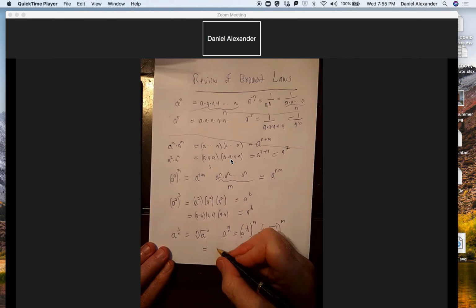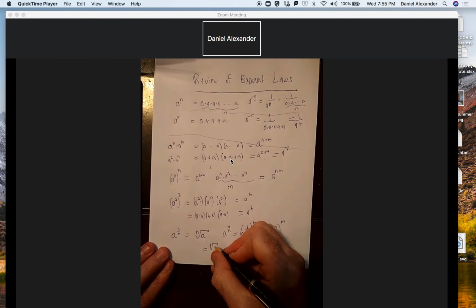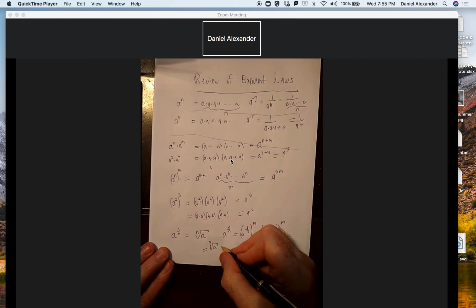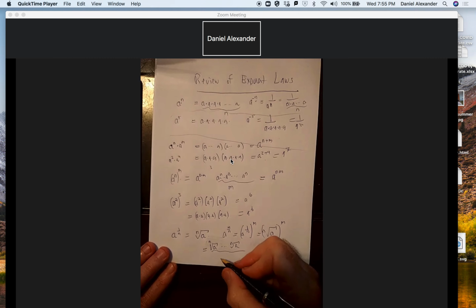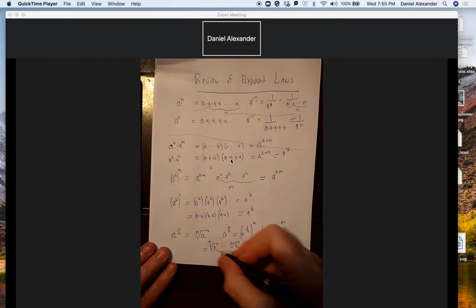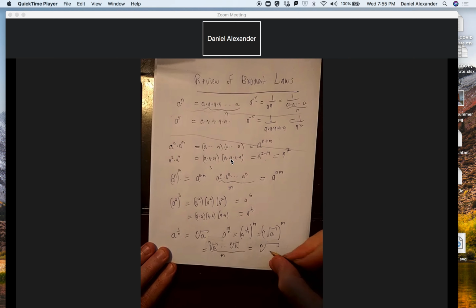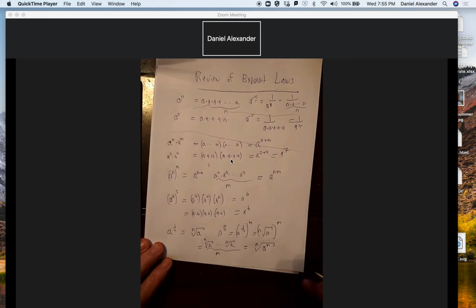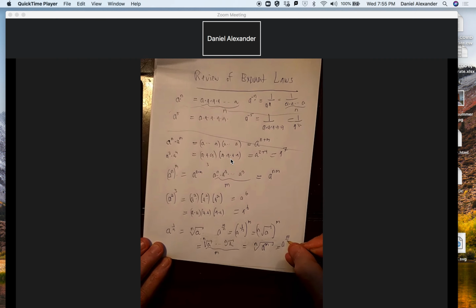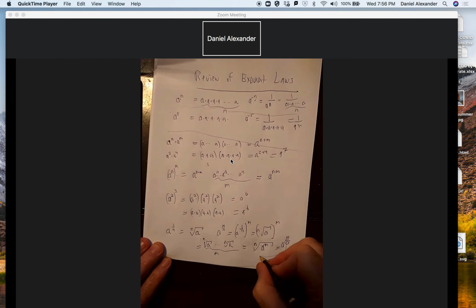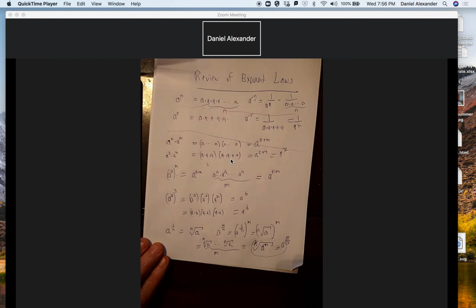Another way to write that would be the nth root of a times the nth root of a, m times, and I can bring all of these inside the radical, so this would be the nth root of a to the m. So this is what a to the m over n is. The way that I remember this is I look at the bottom one, that's the root. Bottom goes to the root. And then the top one goes inside the radical. Okay.